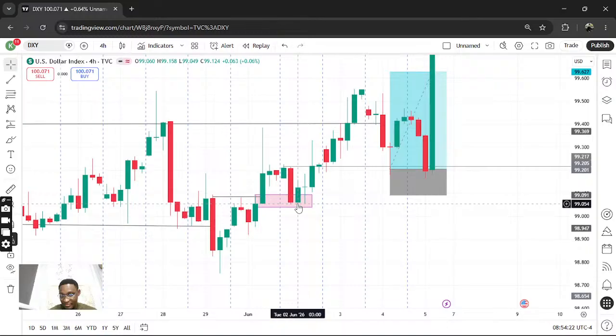And that is exactly what I did this week. I took two trades. First one was on USD CHF, and the second one is on Euro USD. And I'm going to show you how I was able to take those trades.